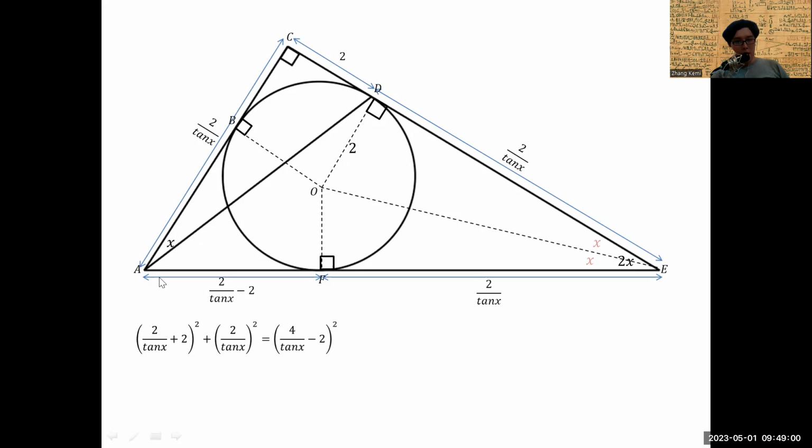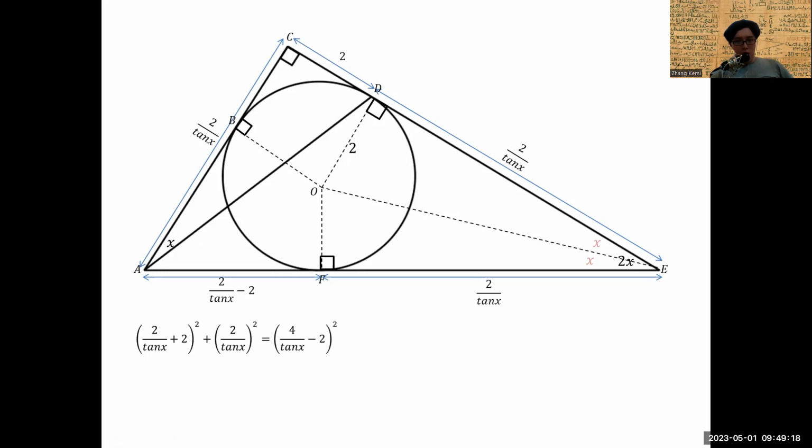How do we get that? Simply the length AE. So AE is 2 cotangent x minus 2 plus 2 cotangent x. If you sum them up, you get 4 cotangent x minus 2, and we square it on the right-hand side.